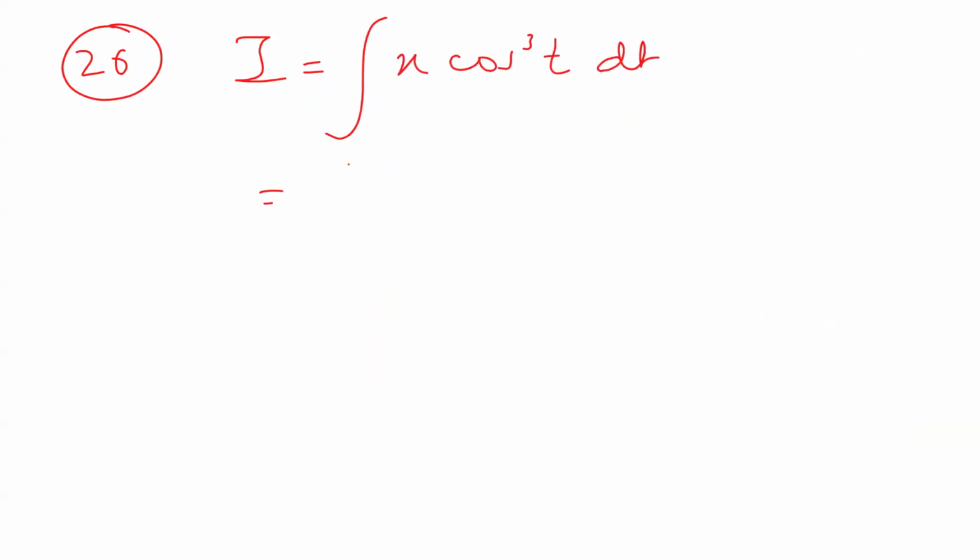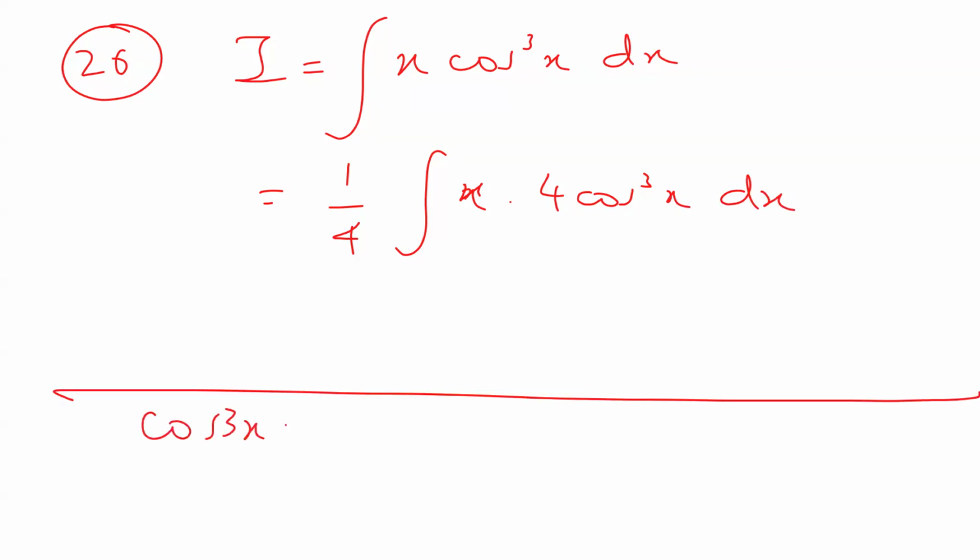Next problem, 26: x cos cube x. Now again there is cube, multiply and divide with 4. Now cos 3x is 4 cos cube x minus 3 cos x.